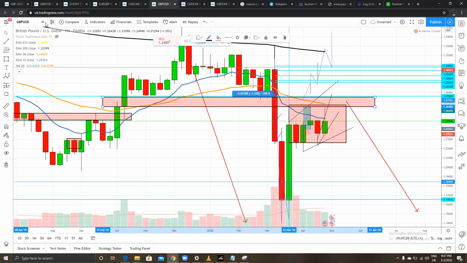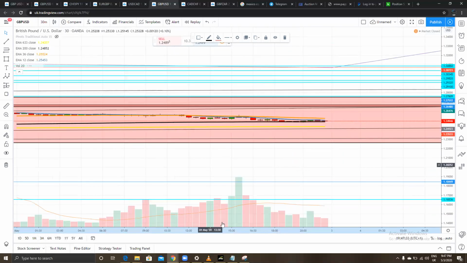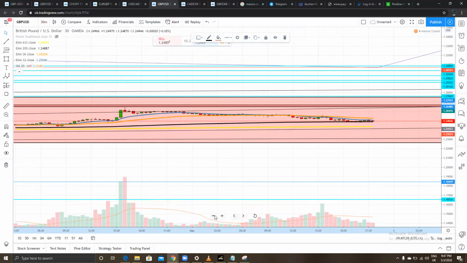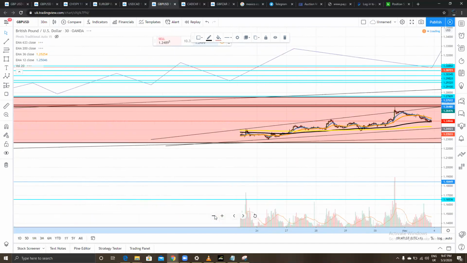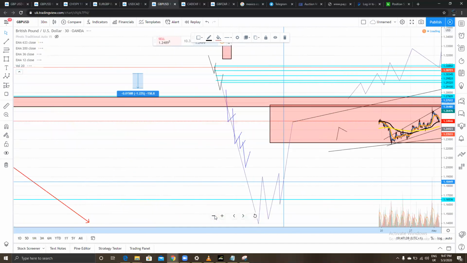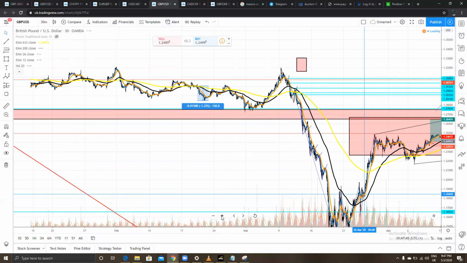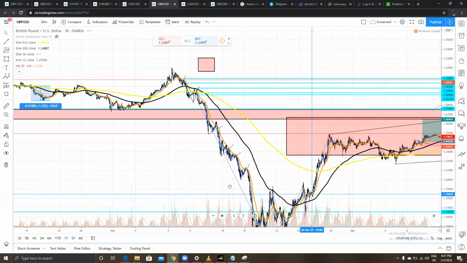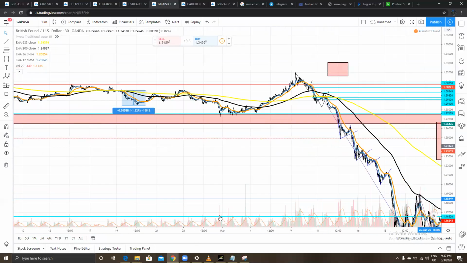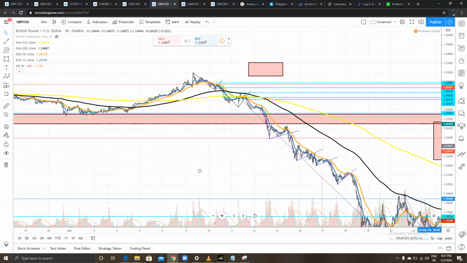So what I was explaining on that 30-minute chart is for you to know what the behavior looks like when we are approaching key areas, or what you can expect when we are approaching key areas, and the behavior that you can see, and why you're not supposed to just quickly take advantage.